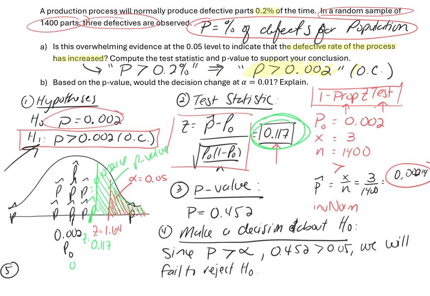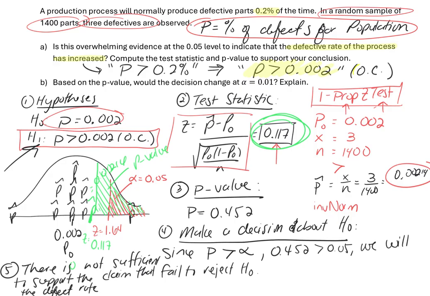Because our original claim is the alternative, our wording will be, there is not sufficient evidence at the 0.05 level to support the claim that the defect rate for all parts, again, you want to make sure that you're referencing the population, has increased from 0.2%.